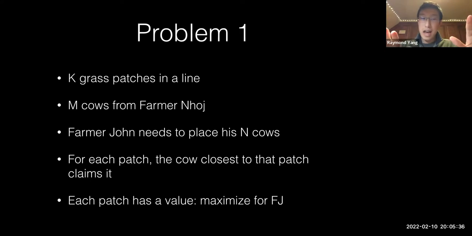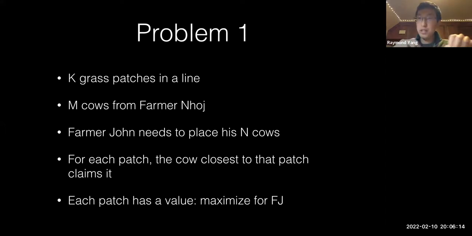And after he does that, for each grass patch, the cow that is closest to that patch claims it. So what we want to do is to carefully choose the locations for Farmer John's cows to maximize this value. This value is determined by what patches you claim, and each patch is given a particular value in the input along with the location.